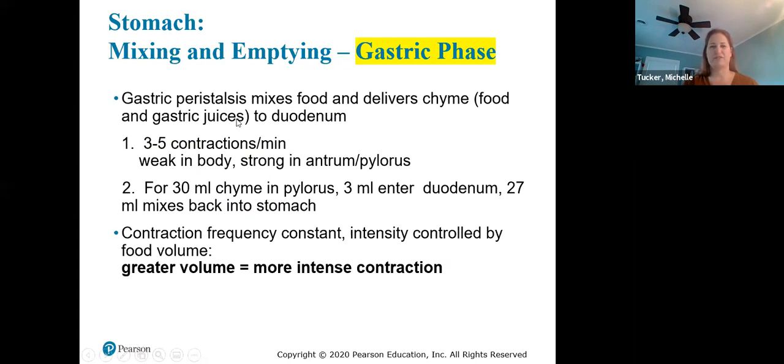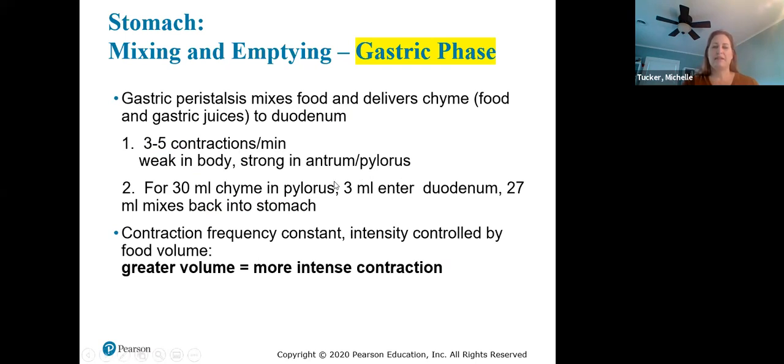It's food plus gastric juices to the duodenum. There are about 3 to 5 contractions per minute. And because of the way the stomach is arranged, those contractions are weaker in the body and stronger towards the pylorus. The pylorus is that section down by the pyloric sphincter.